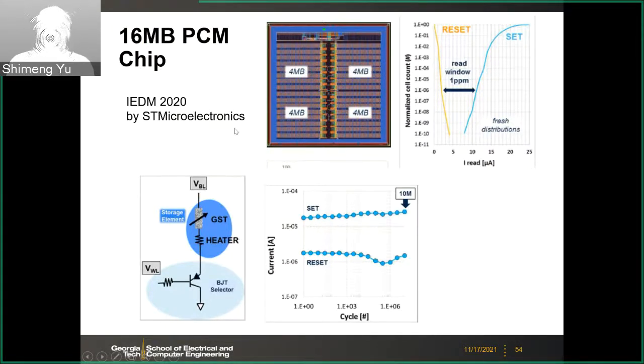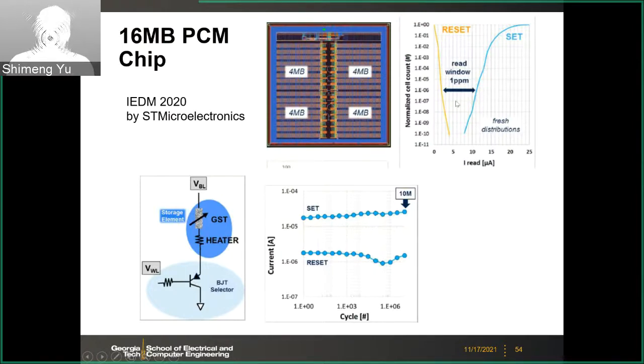ST also has another version, which changes the MOSFET to a BJT. I think their newer demonstration is BJT based, still at 28 nanometer node, but it uses the BJT as the access transistor.